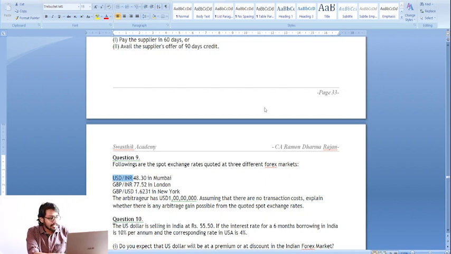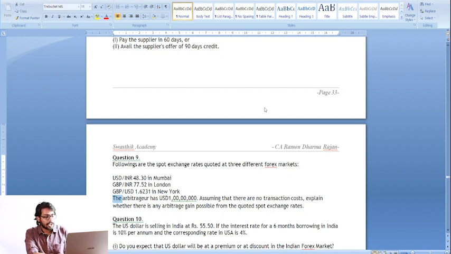Okay, understand, those are 3 alphabet quotations. USD by INR is 48.30 in Mumbai. GBP by INR, again mind you, is rupee by pound. I have told you when it's a 3 alphabet quotation, you have to read it in reverse. It is 77.52, and dollar by pound, GBP by USD, you have to read it in reverse. Dollar by pound is 1.6231 in New York.